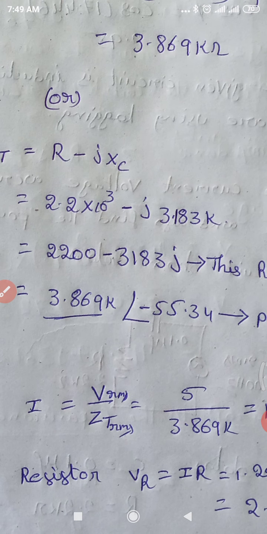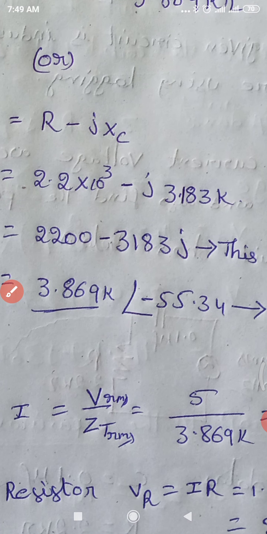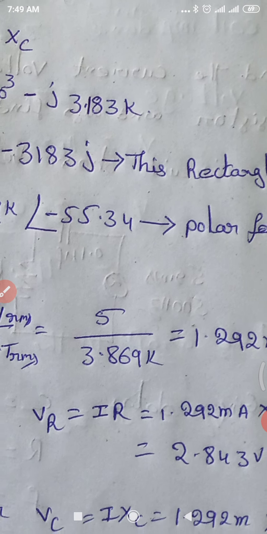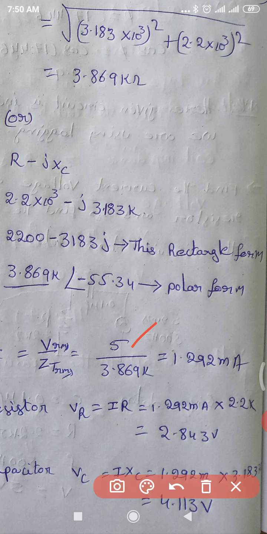Now let us find the current. How can we find the current? I is equal to VRMS by ZRMS. In the given problem VRMS is 5, and we already calculated ZRMS as 3.869 kilo ohms.